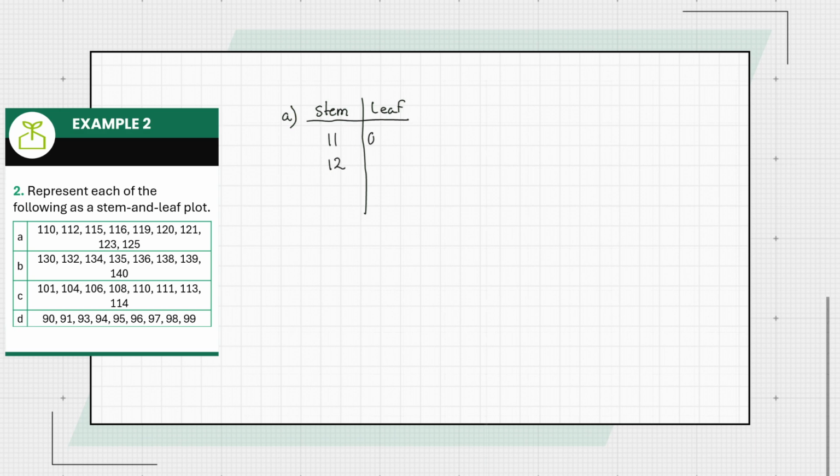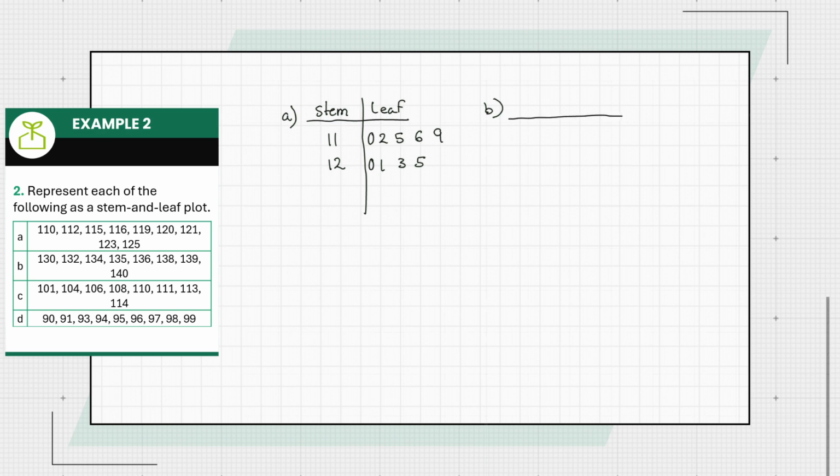So we have 110 as our first, 112, then 115, then 116, 19, and then we're done. And then for the 120s, 121, 123, and 125.